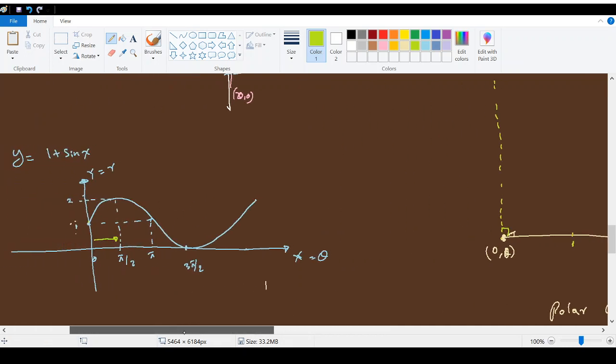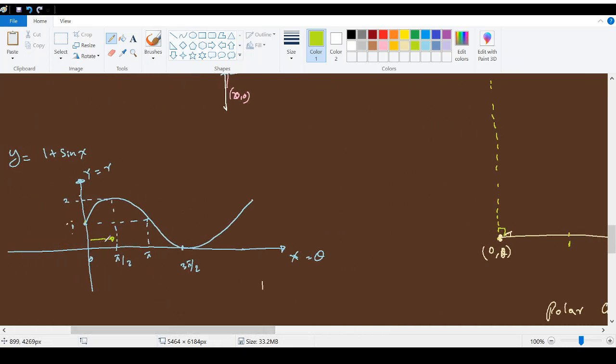Okay, so now here it says when theta increases up to 90, that means theta is measured with respect to this axis, and theta increasing means this will move towards this direction, and theta 90 means it should coincide with this dotted line. Then r should gradually increase up to 2. That means each and every point in here will have a different value of r.